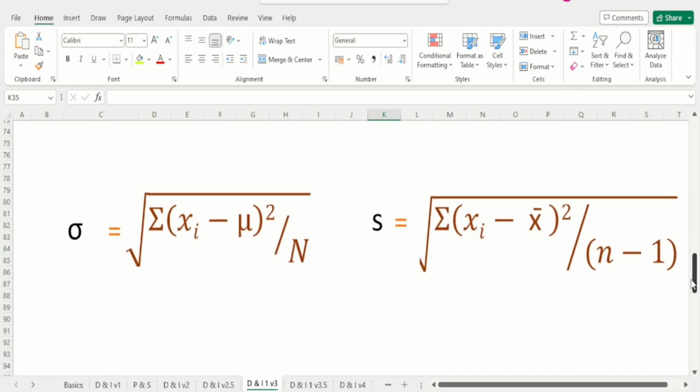Standard deviation, as described earlier on, is nothing but the average distance of each data point in the distribution from the central point of arithmetic mean.